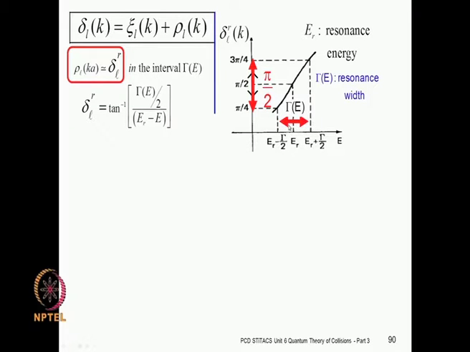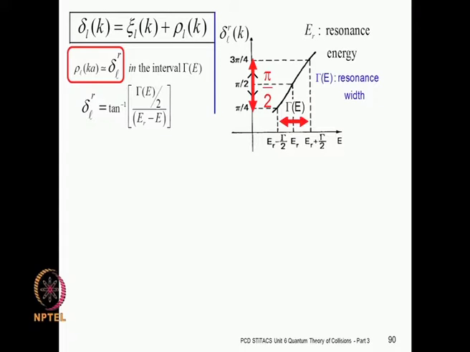You have the resonance energy, and depending on the width you go down half the width to the lower energy side and half the width above this energy, and you define this angle as tan inverse of gamma, which is the half width gamma by 2 over ER minus E. ER is the resonance energy.